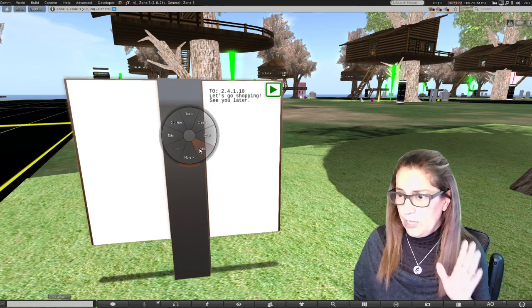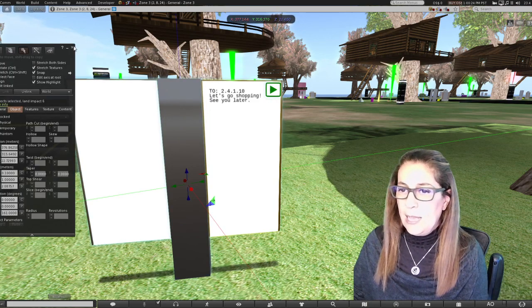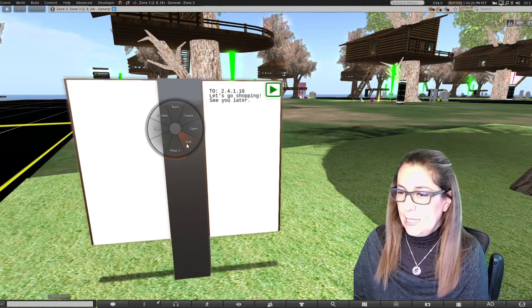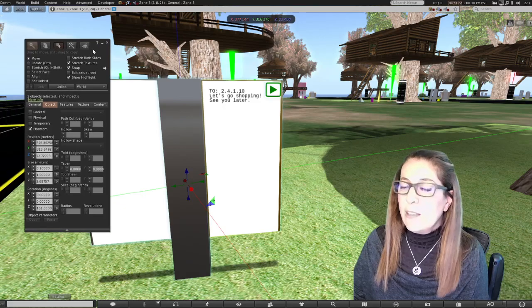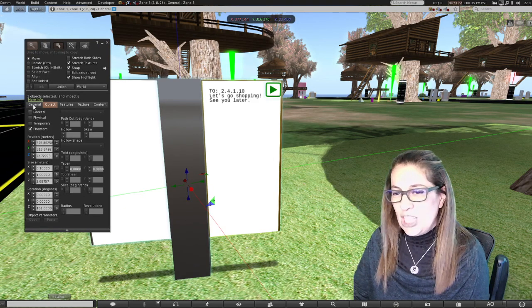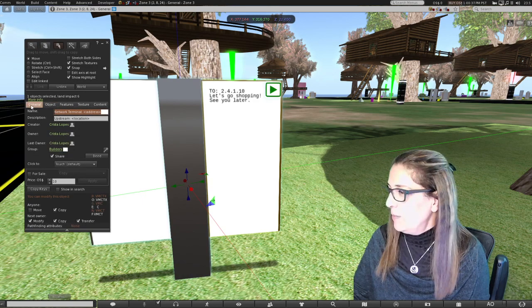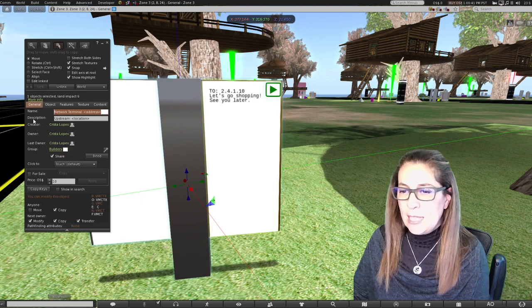Okay, so let me set this up. I was in 332, right? That was my house, 332. So hold on. I'm going to right click and edit, all right? The identification information is going to be on the general tab. In here, there are two fields that are important: the name and the description.